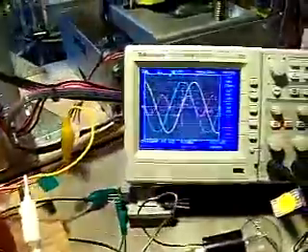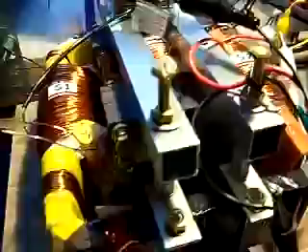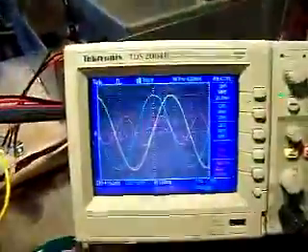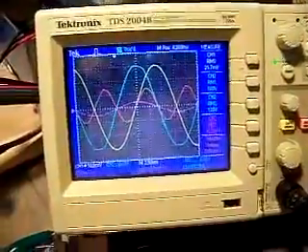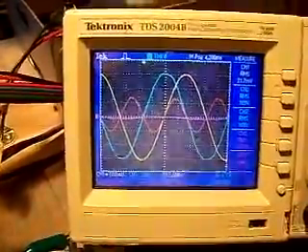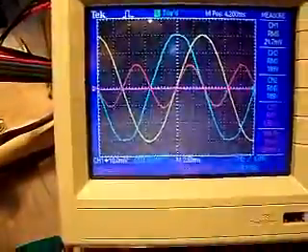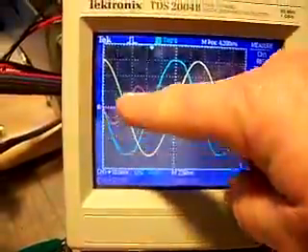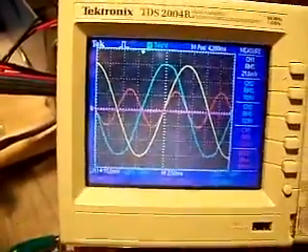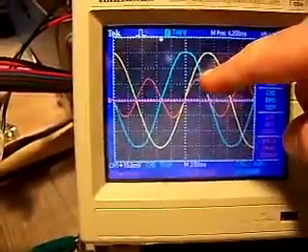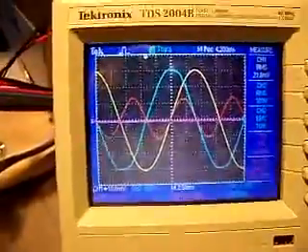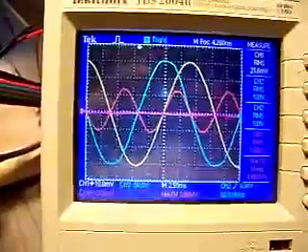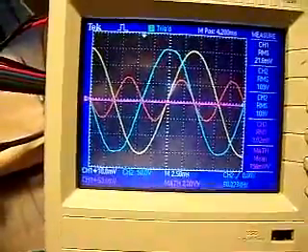Alright, so now we've engaged the BiToroid transformer, and I'm going to put it on no load just to start with. So now the BiToroid transformer is on no load, and you can see the red sine wave is almost equal on top and bottom, which means that the power in the BiToroid is mostly reactive.